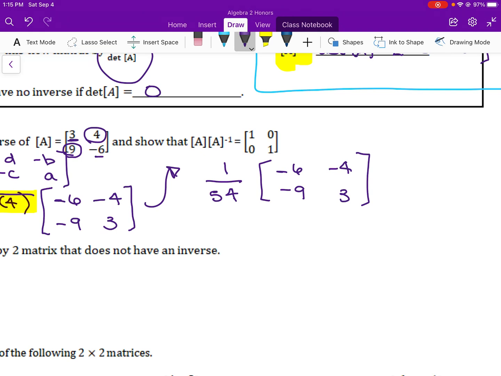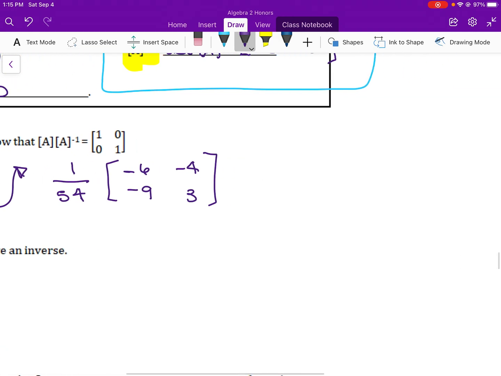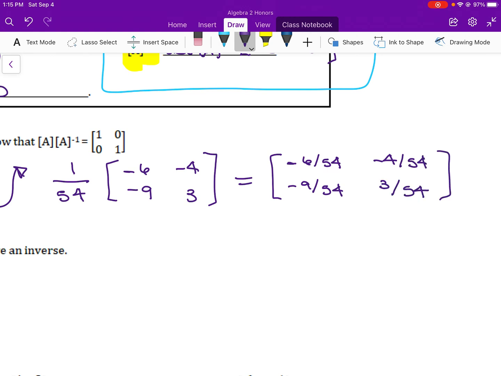And remember, I just simply multiply the fraction to each piece. So I would have negative 6 over 54, negative 9 over 54, negative 4 over 54, and 3 over 54.